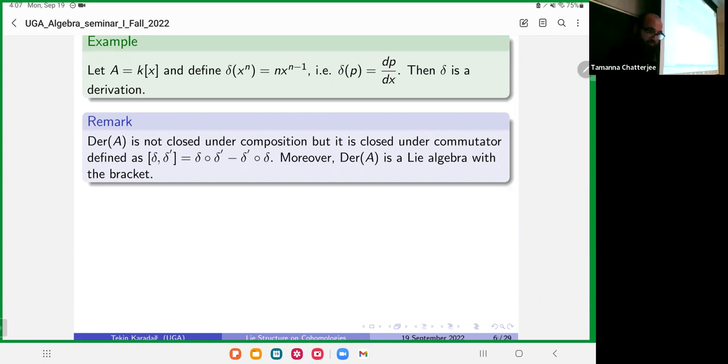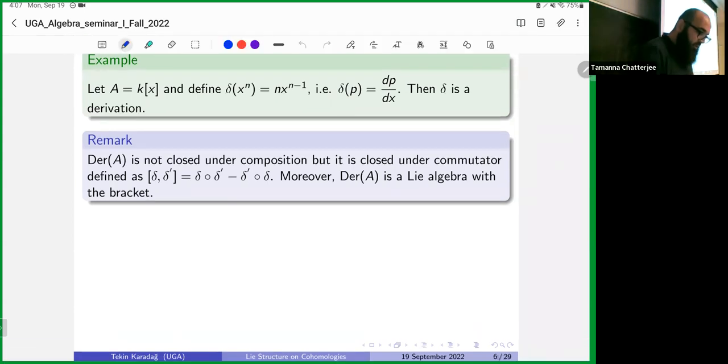But from this example, I want to point out that Der(A) is not closed under composition, because it is not true that we can compose this derivation with itself. If you compose delta and delta in this example, then this is kind of a second derivative, right?